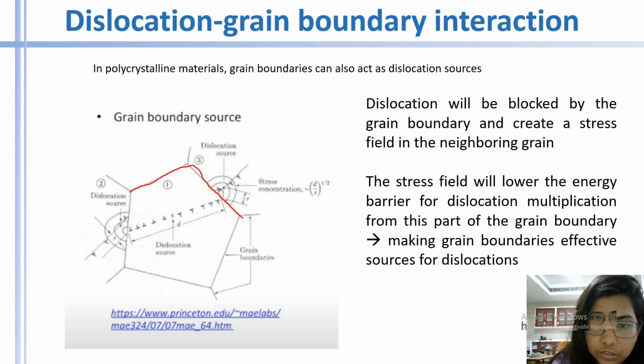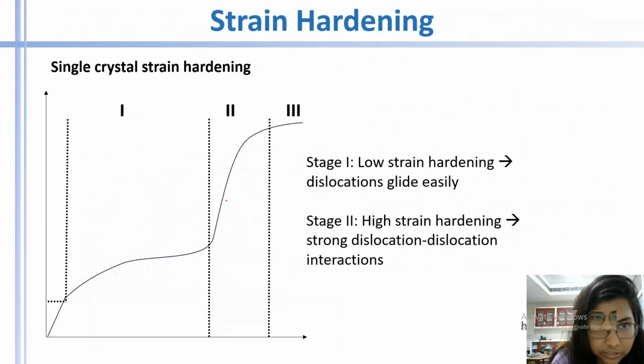This stress field will lower the energy barrier for dislocation multiplication from that part of the grain boundary, making the grain boundaries effective sources for dislocations. This is the dislocation grain boundary interaction.